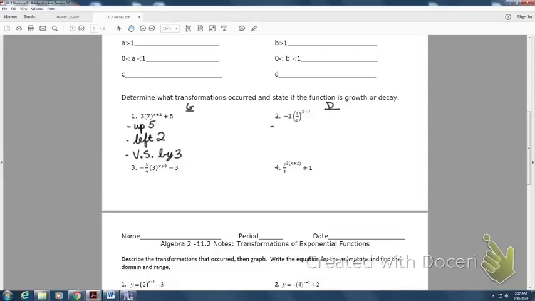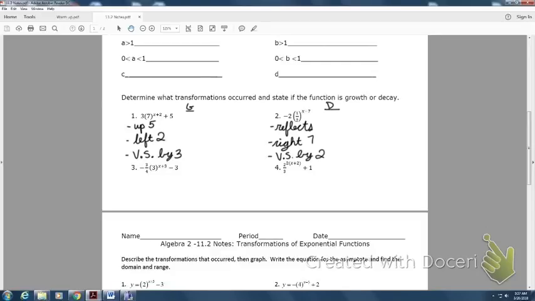Okay. Kendall, what's another one? Right 2. Right 7. Anna, what's the last one? Vertically compressed by 2. It's the A value. Vertically stretched by 2. Yep.